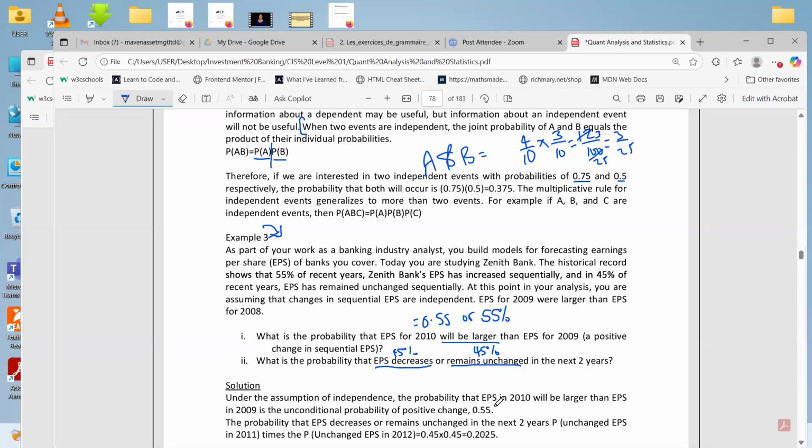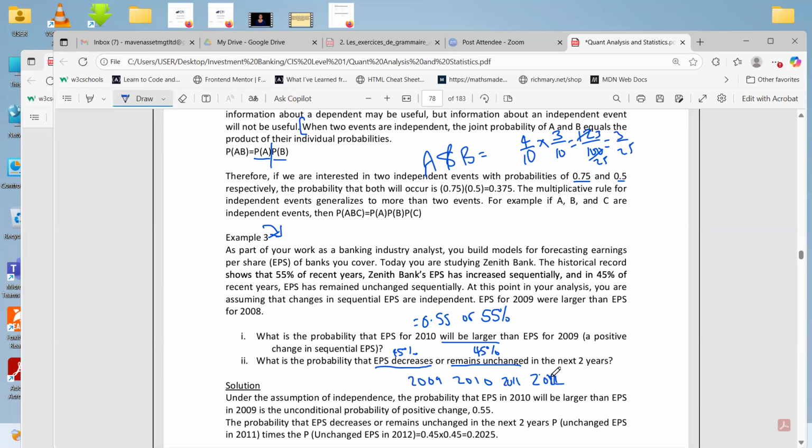Okay. I think I've gotten it now. So please flow along with me. Let's take the next 2 years. Which year are we looking at? So 2009, then 10, 11.